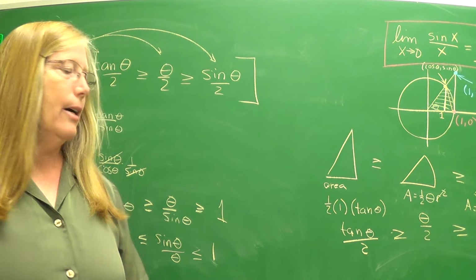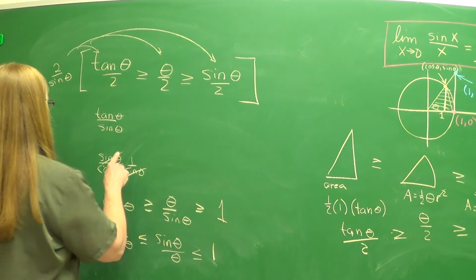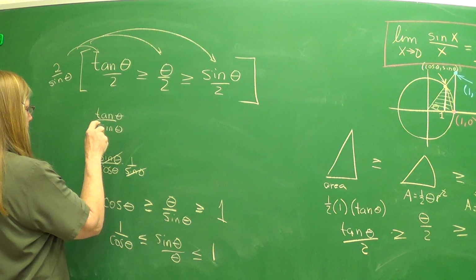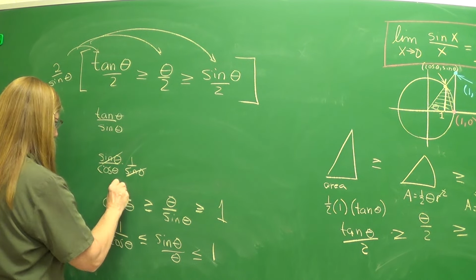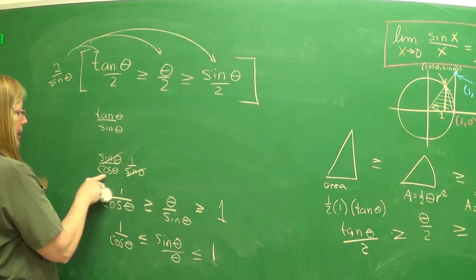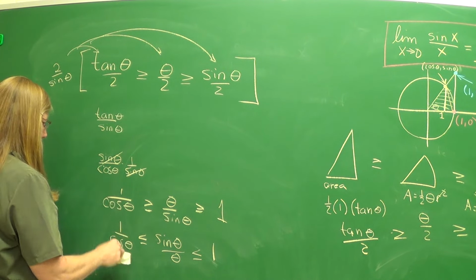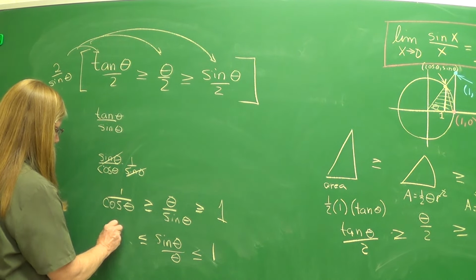Now I have made a mistake here. Up here, when I took tangent and changed it to sine over cosine, that should have been 1 over cosine. So when I flipped it, I get cosine.